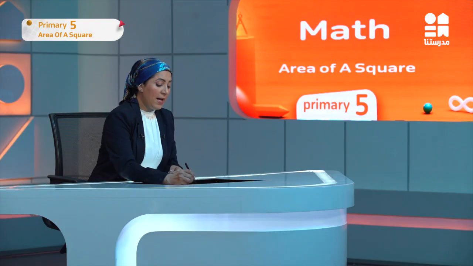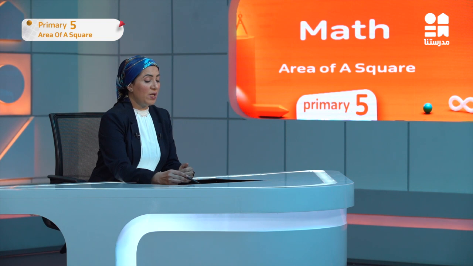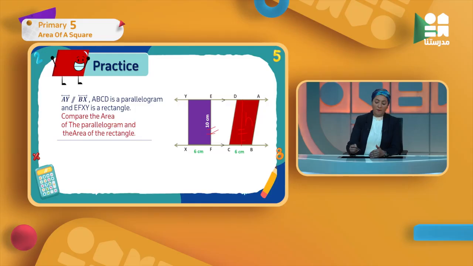The height which I have dropped now is parallel to one of the sides of the rectangle, and equal in length, because the distance between the two straight lines is the same. So the height I dropped is also 10 centimeters. Now I have gathered the information I need to find the area of both shapes and then compare them.